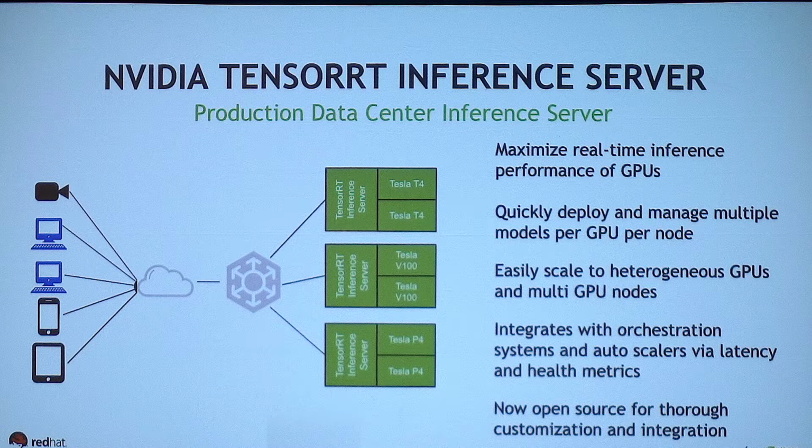You may have several instances of this inference server, and all underlying hardware is visible, including heterogeneous GPUs, which is why we have Tesla T4, V100, and P4 listed here. This is helpful if you have new hardware being integrated into a data center. You wouldn't have to reconfigure your software for that. It integrates with orchestration systems such as Kubernetes, and it's now open source for further customization.